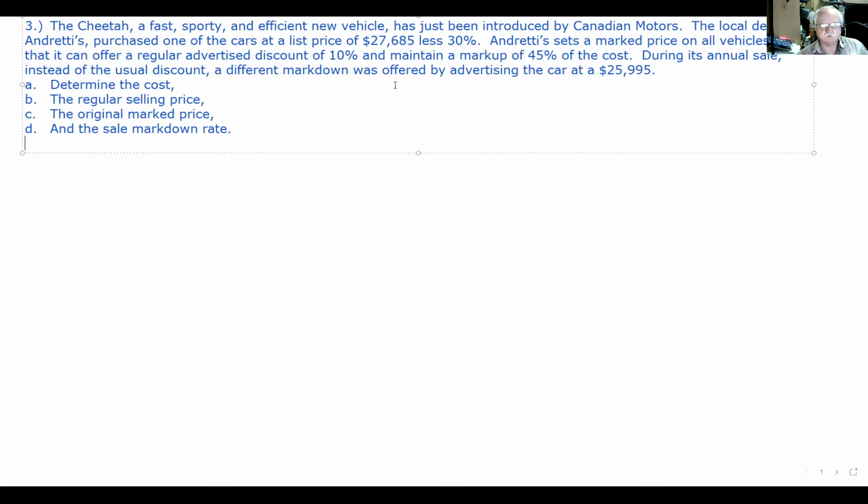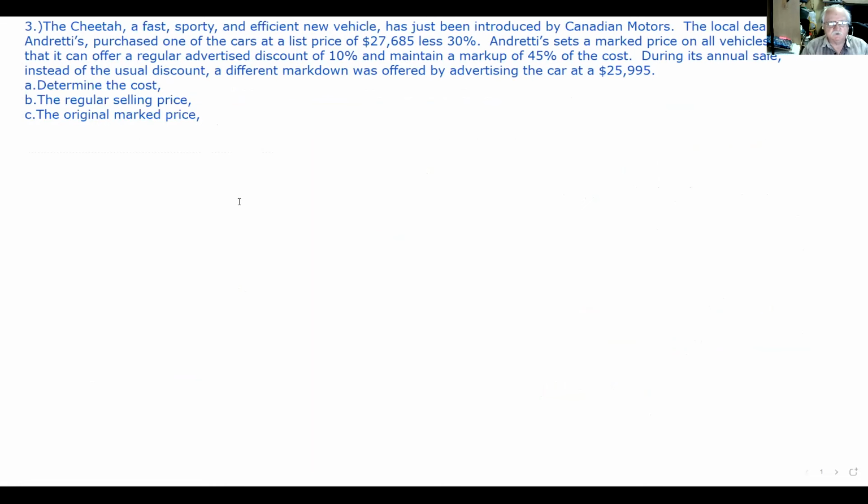So what have they told us here? Something called the Cheetah, a fast, sporty, and efficient new vehicle, has just been introduced by Canadian Motors. The local dealer, Andretti's, purchased one of the cars at a list price of $27,685, less 30%. So first off, let's deal with that because we want to know what they actually paid for it.